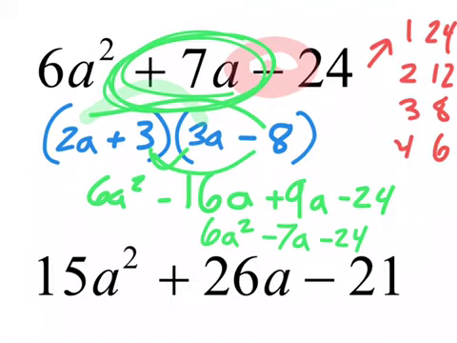Here's the only thing you're going to need to do if you realize that you wanted positive and you received a negative. That means you need to go back into your problems. The only thing you're going to need to change there are these two signs.